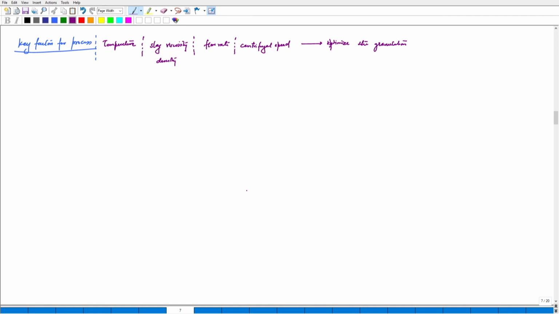Now, what are the advances in the process? The rotary granulation, we will just look at some of the advances. Rotary cup granulation and heat exchange coupling.